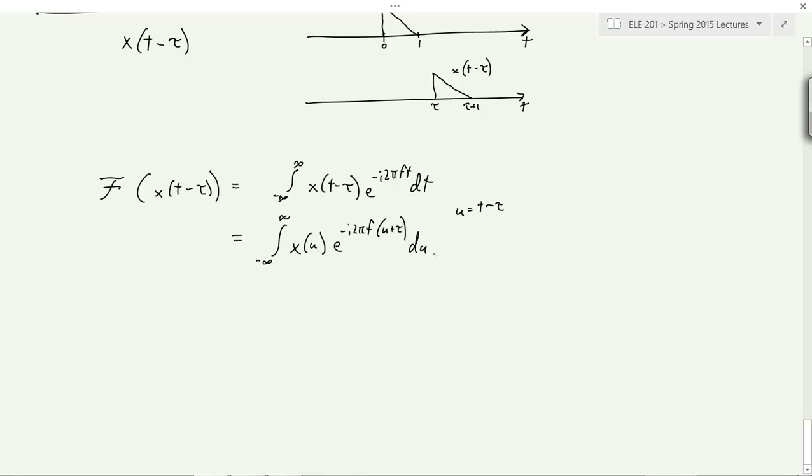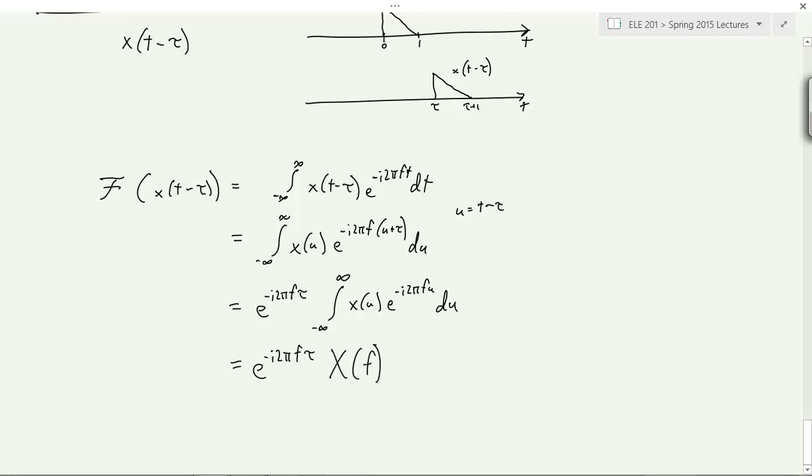We can separate that into two exponentials multiplied together. One of them doesn't depend on u, the argument of our integral, so it comes all the way out front. So this becomes e to the negative i 2 pi f tau, and then we still have the integral here. Now we recognize that integral. We've just changed t to u. It doesn't matter. That's the Fourier transform of x. So we leave this out here, e to the negative i 2 pi f tau, and then we get capital X of f.